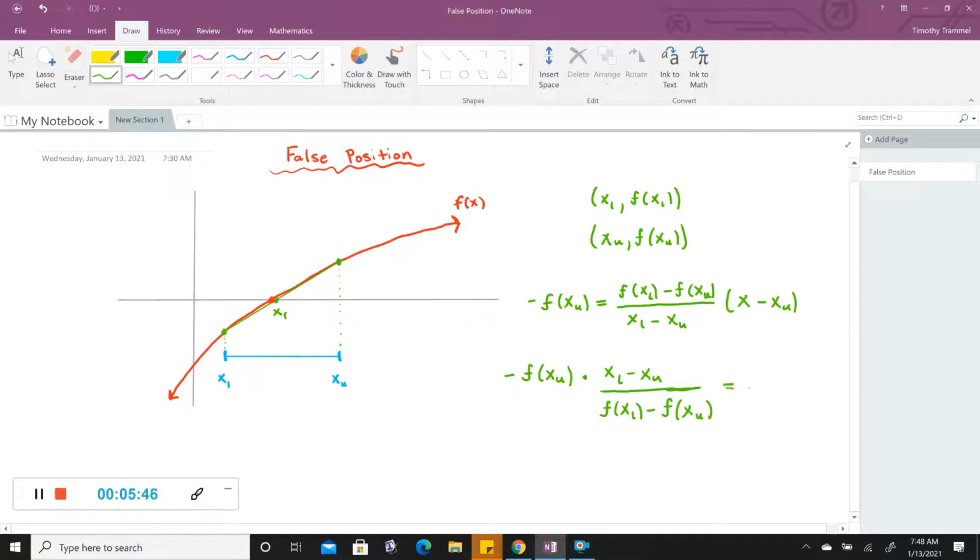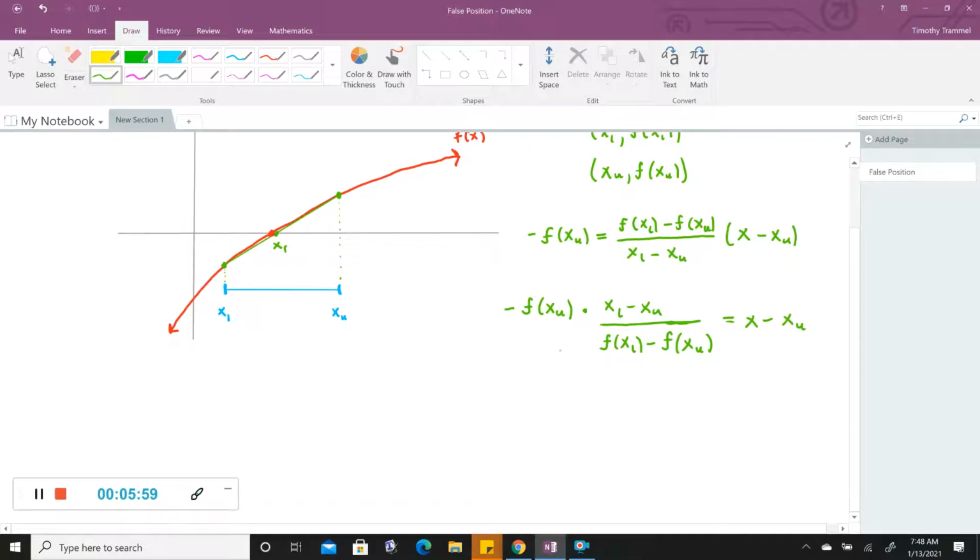And then we still have this x minus x sub u here. All right, and so this means all we have left to do is add x sub u to each side and we are done. Okay? And so I'm going to add this x sub u to this side. Okay? And then we have this minus sign here, so minus. And why don't we bring the f of x sub u just in the numerator of this fraction so it's a little more compact looking.